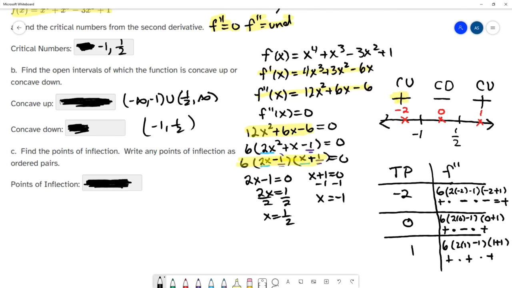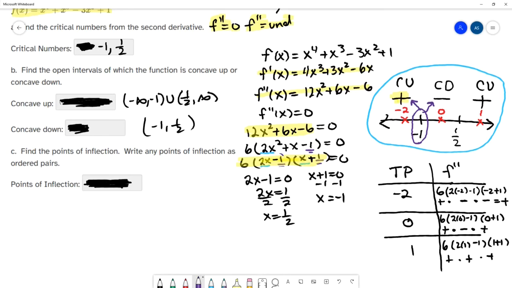Finally, we're looking for points of inflection. And finding points of inflection is about analyzing this chart that we've already made. Points of inflection are going to occur anytime we have a change in concavity. So right here over the critical number of -1, if we look to the left, we have concave up.